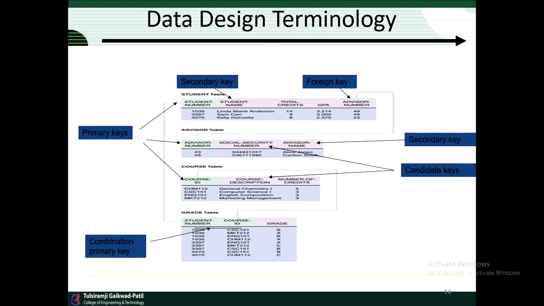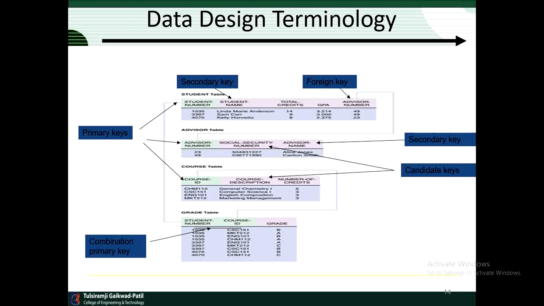So this is an example of data design terminology. In this table, secondary key, foreign key, primary key, combination primary key, candidate key, these examples are given to represent the use of various keys in the table.